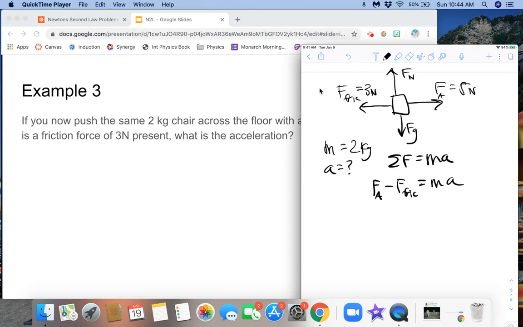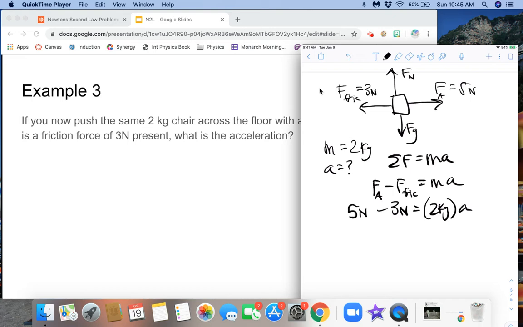Okay, and now all I'm going to do is plug in my numbers here. So I get applied force, 5 newtons. That was a weird 5. Let me erase that and redo it. 5 newtons minus friction force, 3 newtons, equals the mass of the object, 2 kilograms, times acceleration. Okay, so 5 minus 3, that's easy.